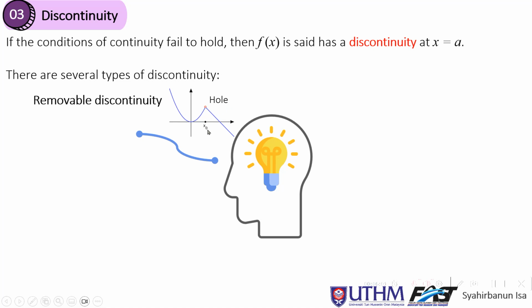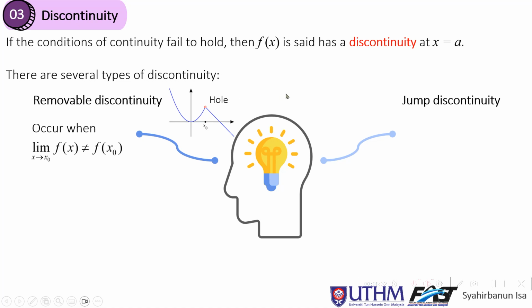The graph is supposed to be continuous, however there exists a hole at one point. So removable discontinuity occurs when the limit as x approaches x naught of f(x) is not equal to f(x naught), because of the hole.